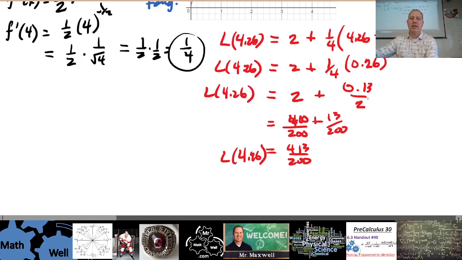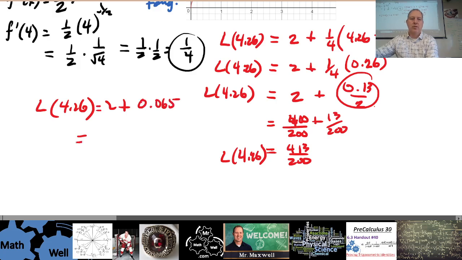Let's see the decimal. So we said that this as a decimal was 4.26. So 2 plus 0.065, that would equal 2.065. Okay, so now let's just check.